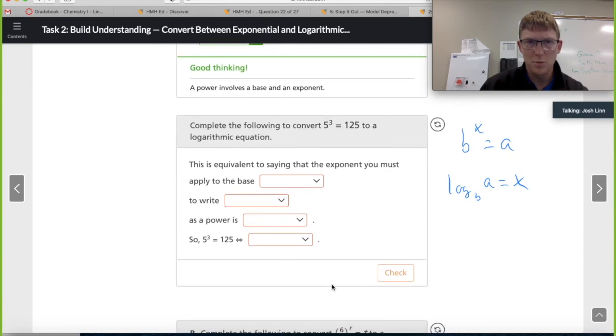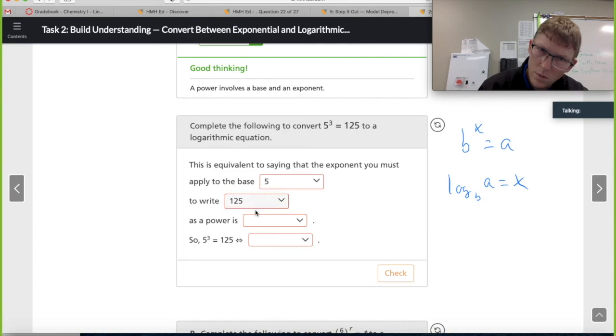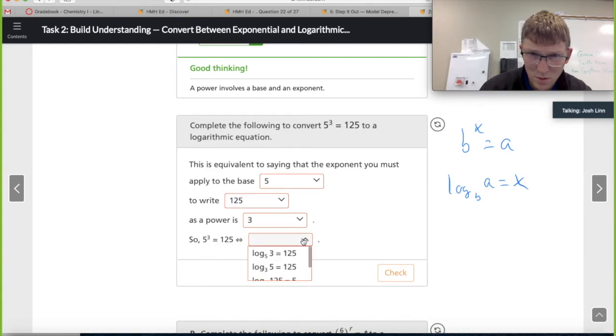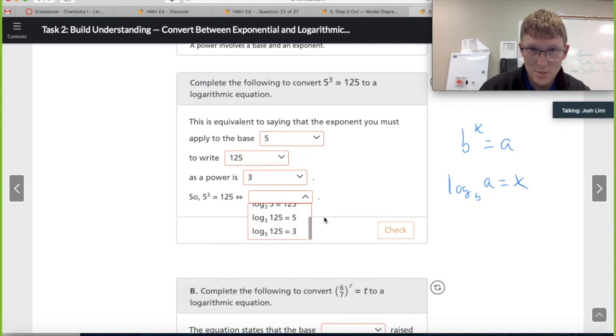This one I think is probably a little bit more useful. So this is equivalent to saying that the exponent you must apply to the base, so the base is 5, to write 125 as a power is 3. Man, again, this is a really bizarre way of saying this. So here's what you have to actually be able to do.